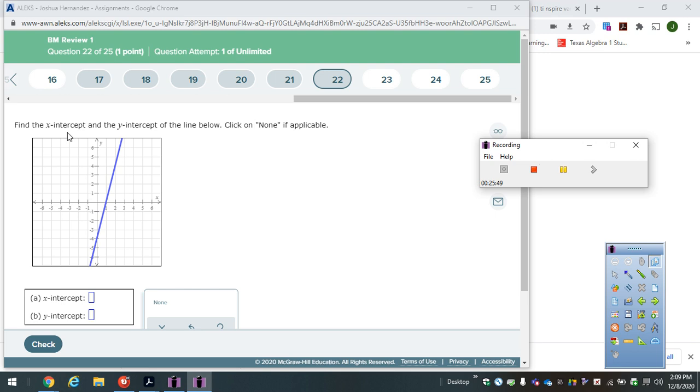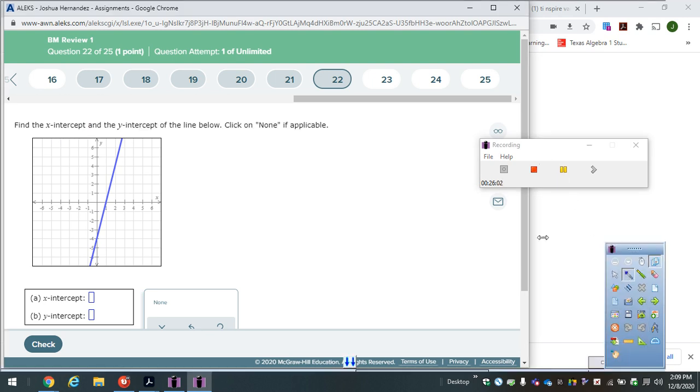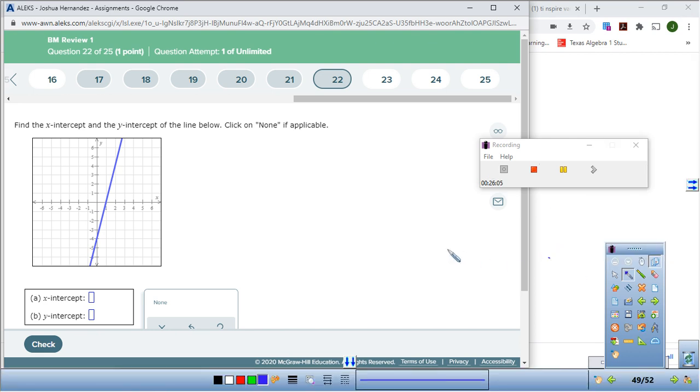Okay, so next one, find the x-intercept and y-intercept. Don't forget, the x-intercept has several names: your root, your solution, your zero.